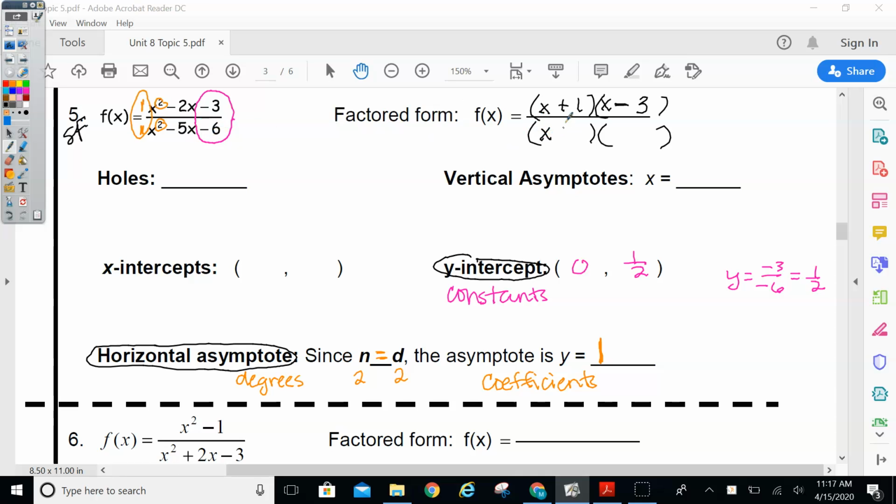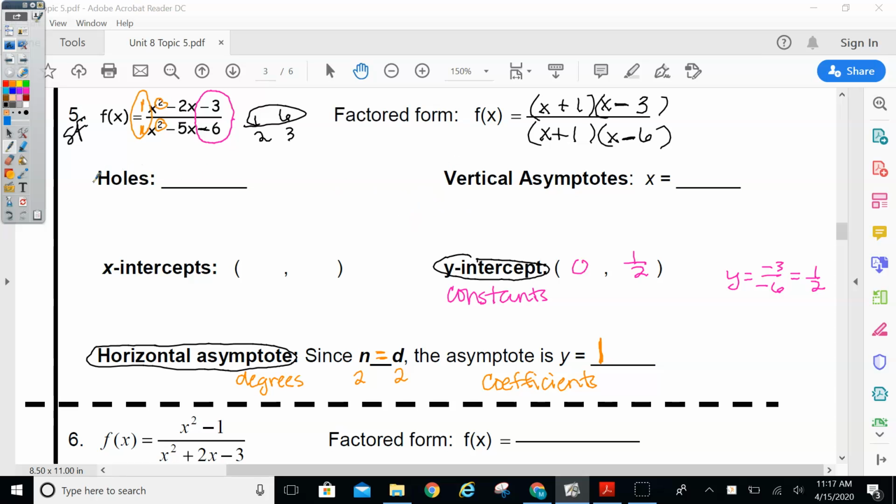Because it's negative, I need one positive and one negative, and I need the sum to be negative 5. The negative 6 is tricky because I have 1 and 6 that I can subtract, and I have 2 and 3 which I can add. Since I need it to be negative 5, I need the 1 and the 6. I want the bigger one to be the negative, so 6 is negative and the 1 is positive.